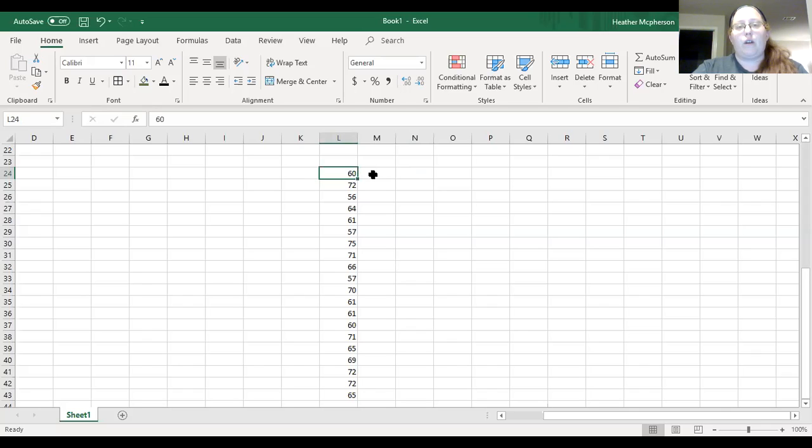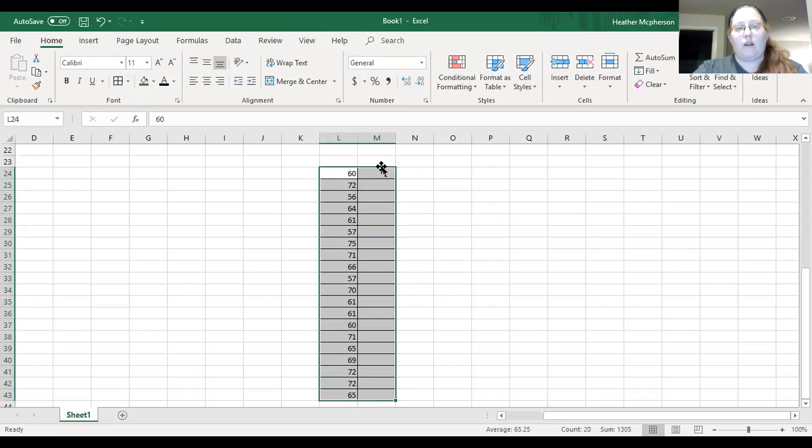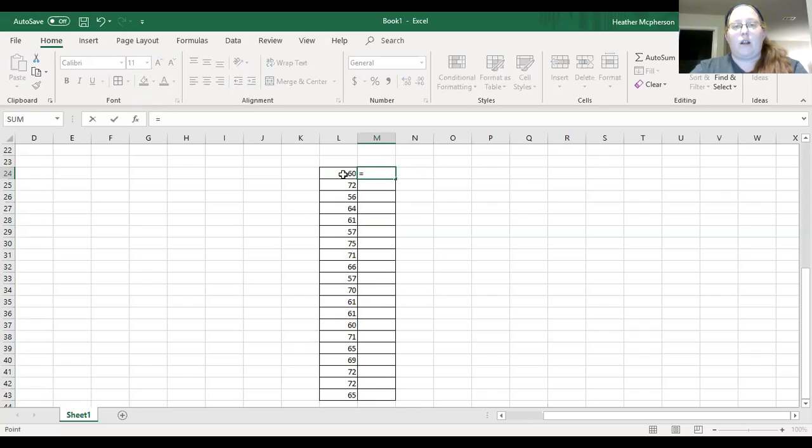So over here on the side of 60, I'm going to make this into a table. Like I said, go up here and hit all borders. And here, make sure you hit equals. Click over here so it lights up the 60, and divide it by 12. Hit enter, and it goes to 5 feet. So we know that 60 inches equals 5 feet.